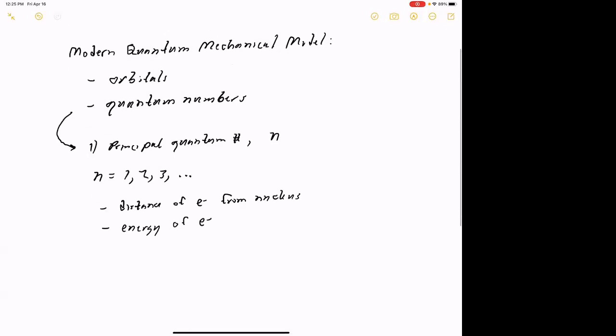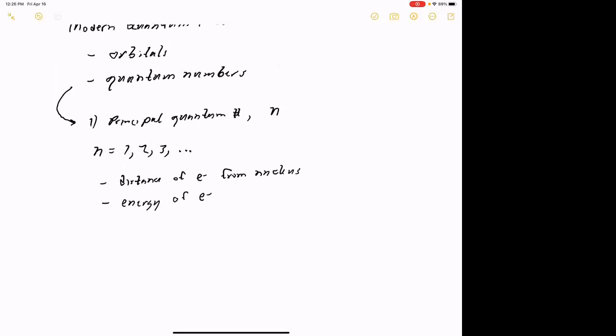Another thing to keep in mind is that I sometimes refer to this as the principal energy level quantum number. Really, this is kind of like talking about Bohr orbits.